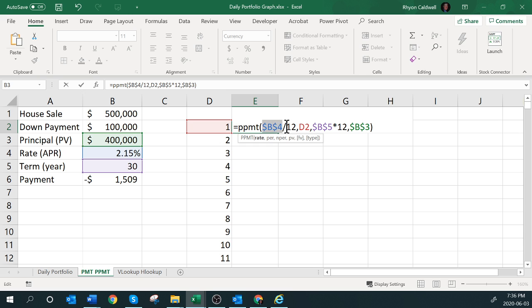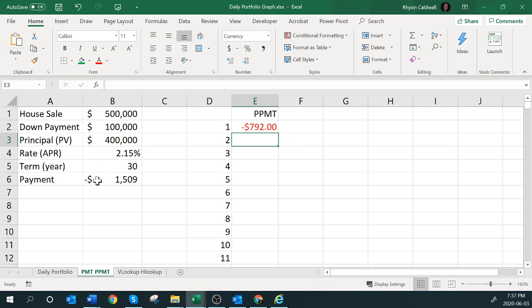So this first one is the rate. That looks good. This one over here is the period. That's right. And then, yeah, they all look good. So when I push enter, it comes back. It shows a negative here, because it's a payment, of $792 that goes towards the actual principal. That means the remainder would go towards interest. So you could almost do a calculation here.